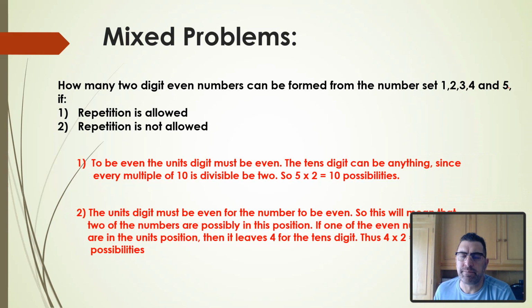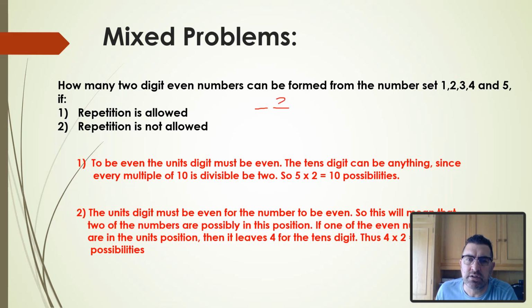For the second digit to make the number even, it must be even, and there are only two choices there.